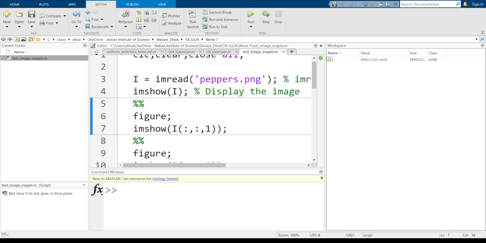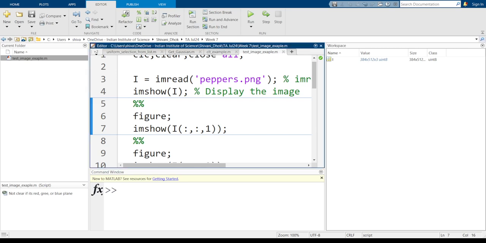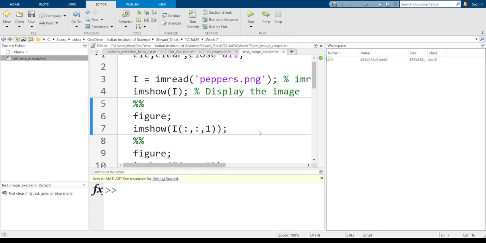Okay, let me do it properly. Fine, for now it's okay, I'll change things.